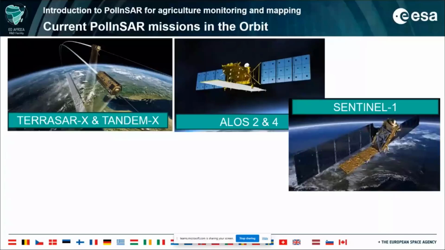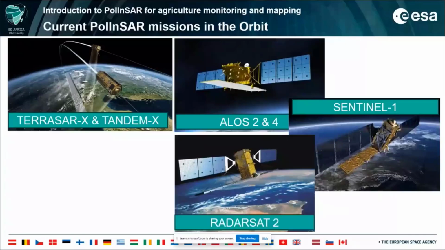We also have RADARSAT-2, which supports fully polarimetric data and is provided by the Canadian Space Agency in C-band as well. And SAOCOM, the SAR Observation and Communication Satellite, which focuses on soil moisture and agriculture monitoring with L-band dual polarization.